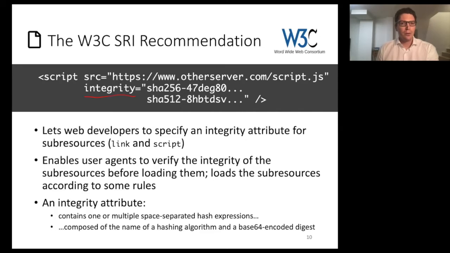And the sub-resource is loaded according to some rules. This integrity attribute is supported for the link element and the script element. And an integrity attribute contains one or multiple space-separated hash expressions, and each is composed of the name of the hash algorithm used by the web developer and a base64 encoded digest, as depicted here.